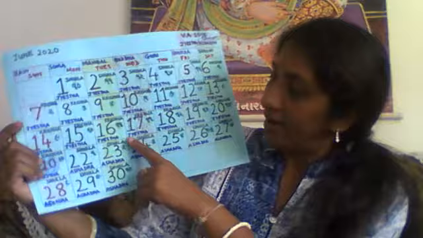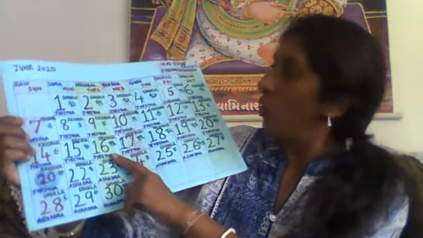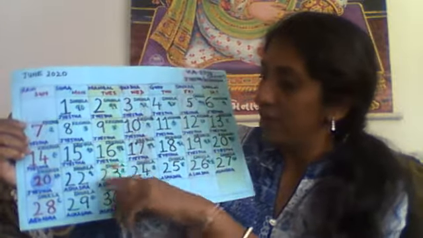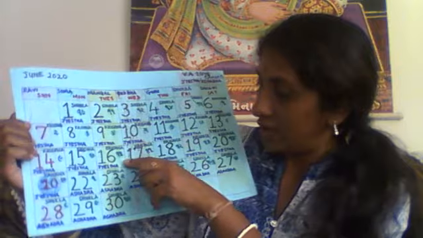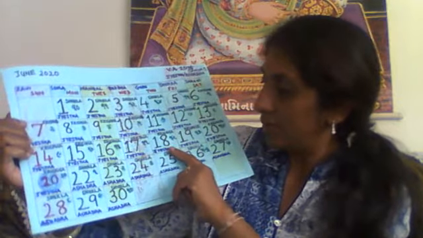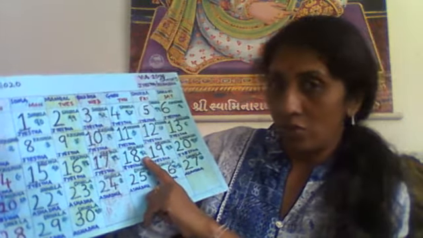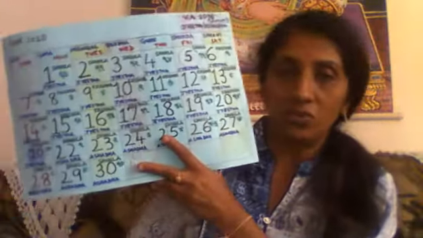June 2020. I have written the date. This is the Gregorian date, 18 and 19 June. Let's read what the day actually is in the Hindu calendar. What will we read? Jyesht Shukla Ekadashi. And then 18 and 19: Jyesht Krishna Dwadashi, Jyesht Krishna Trayodashi.